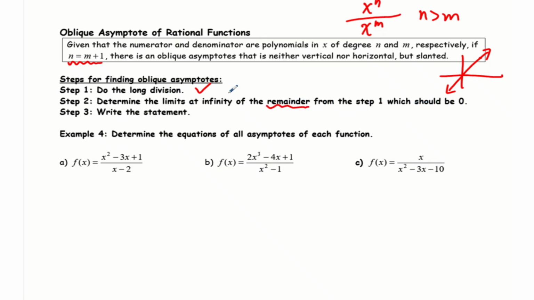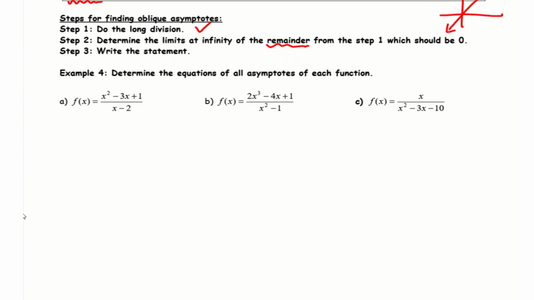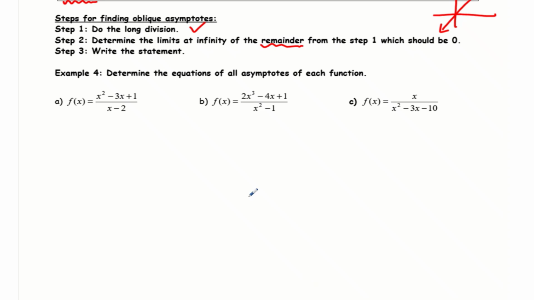So the quotient will be the oblique asymptote. Here we want to find the quotient. This is what we call the dividend. This is our divisor, and we want to find the quotient and the remainder.